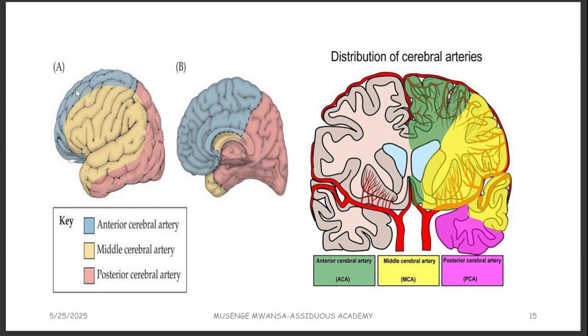You can see the middle part of the brain going anteriorly, so you are covering also part of the frontal lobe, but we are not going to the parietal lobe because here we are going to have a sulcus, the central sulcus. So this part is being supplied by the anterior cerebral. The majority of the brain is supplied by the middle cerebral. You can see the entire of this area.